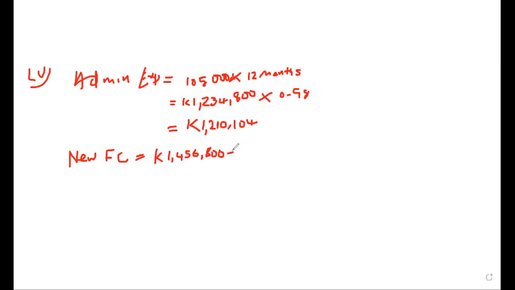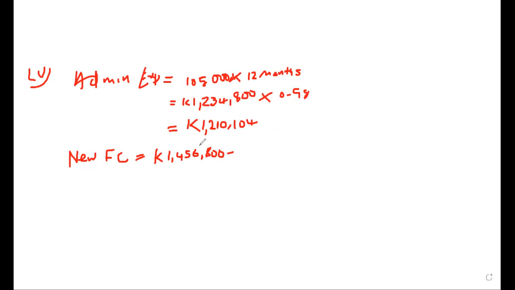So now, we had under fixed costs the changes.